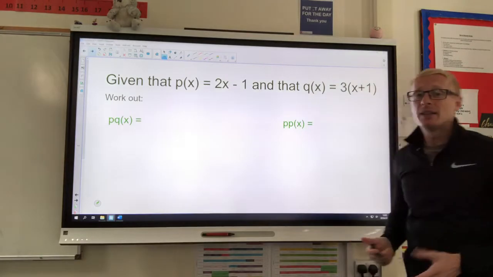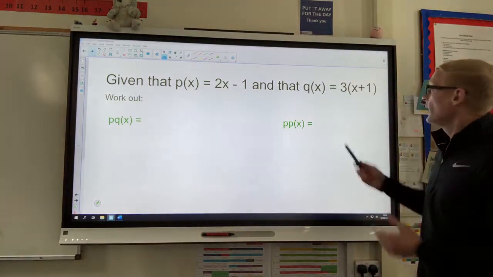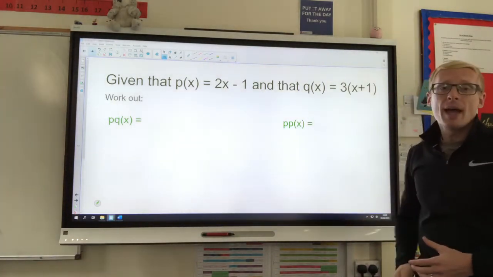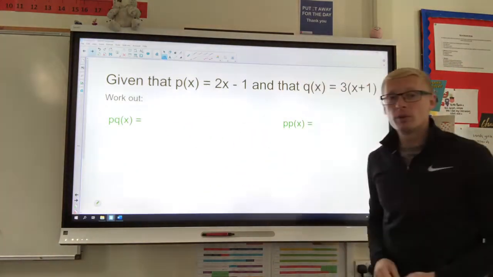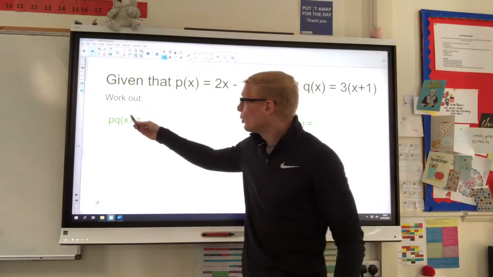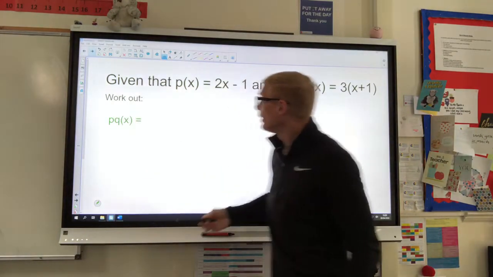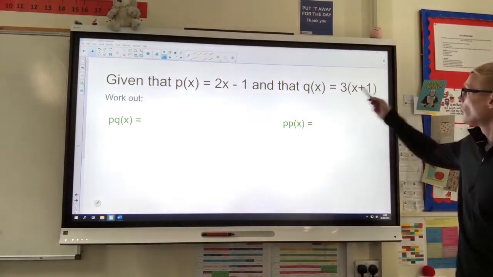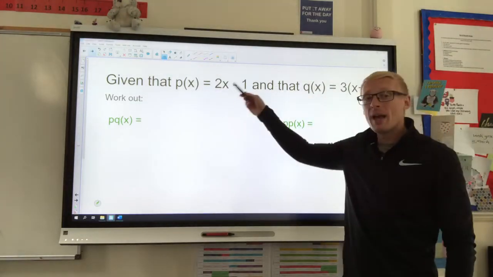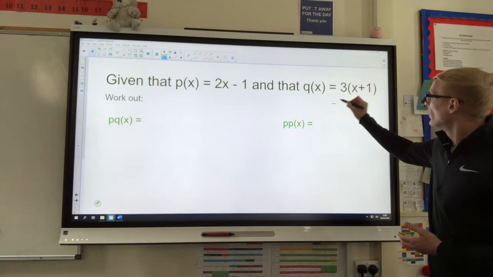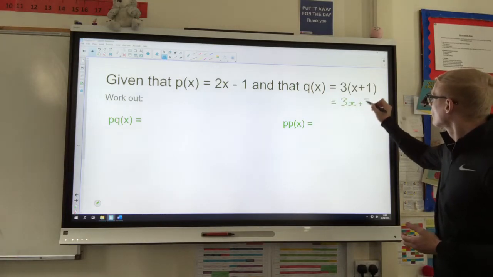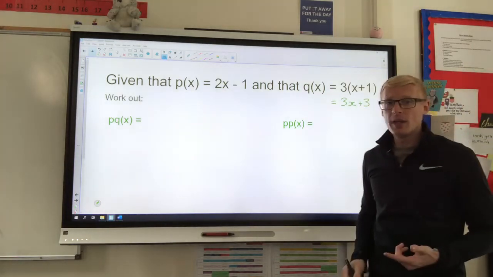Now if I look at a second example, we're looking at the same sort of thing in as much as I've got 2 functions and I want to make sure I'm going to create a composite function and the order is important, okay? Now with this one, I'm going to put q into p. So I'm taking the function q and I'm putting it into where x is in p. Now for this one, personally, I would expand this first before I then try and substitute it in.